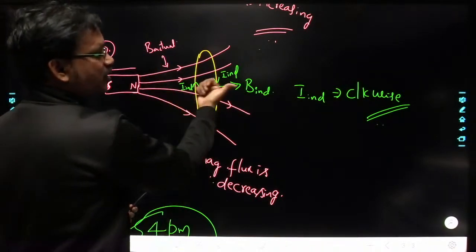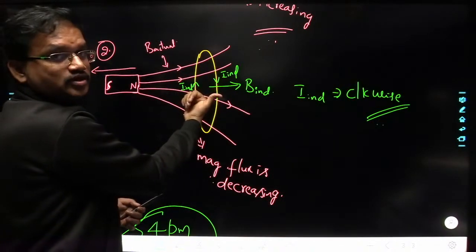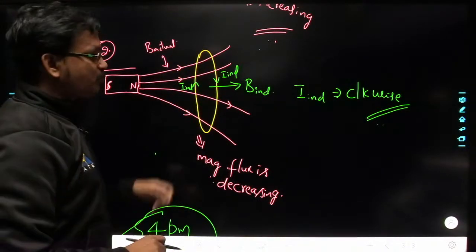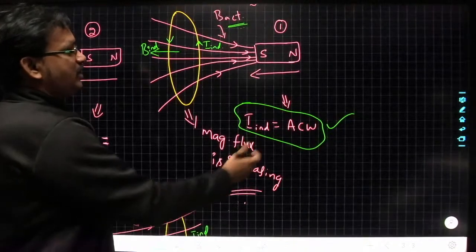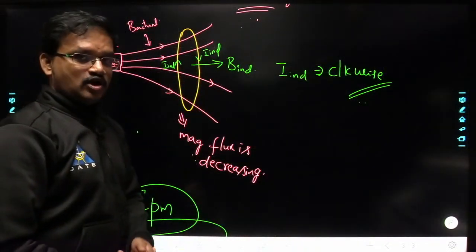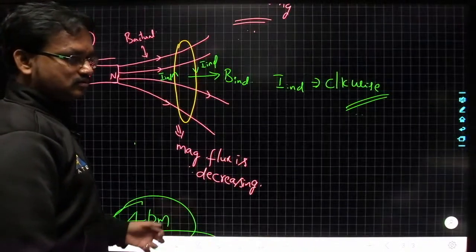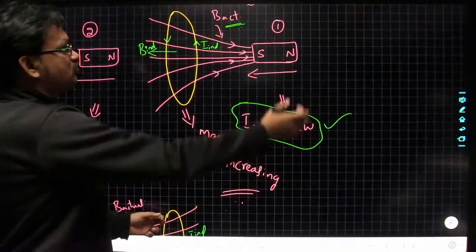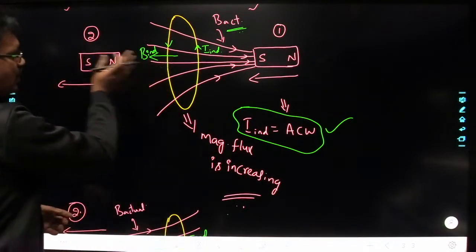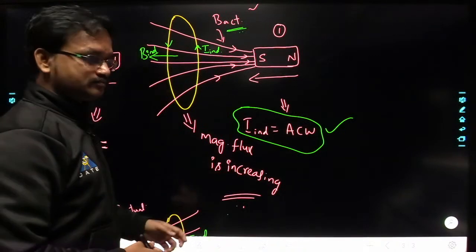So it has to point in this direction, and the direction of the induced current will be in the clockwise direction. So for the first case it will be anti-clockwise, and for the second case it must be clockwise. Whenever it is moving towards the loop, flux is increasing, and whenever it is moving away from the loop, flux is decreasing. In both cases, how are you going to get the same direction, right?